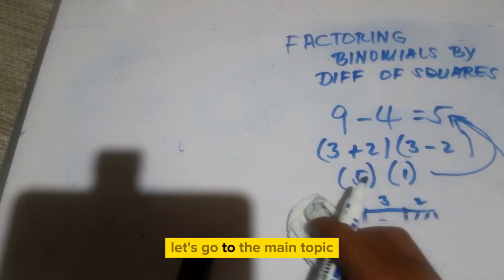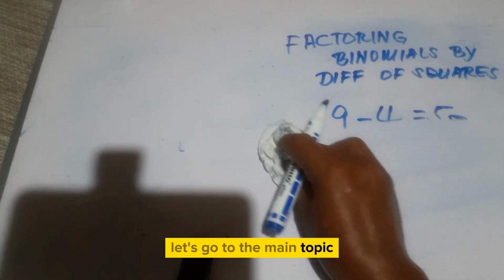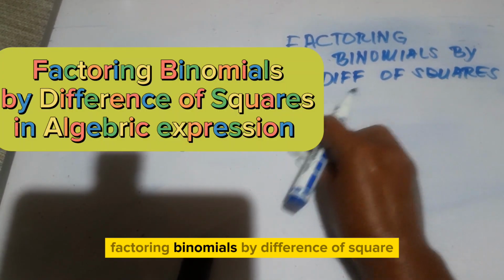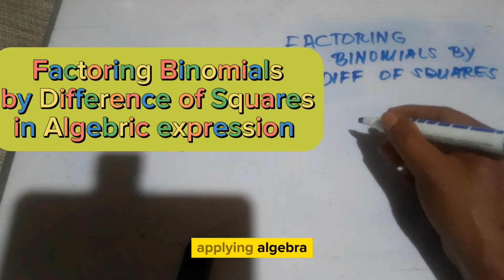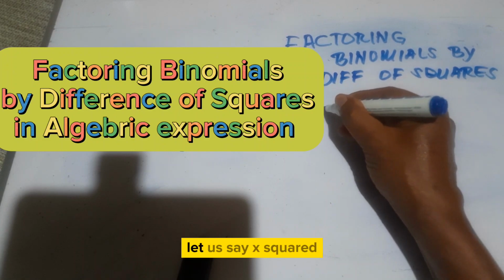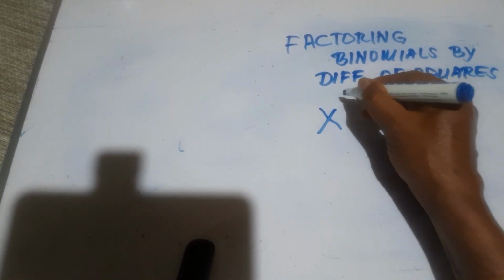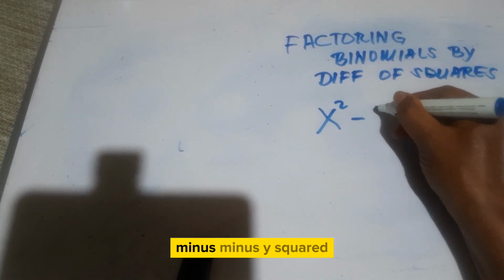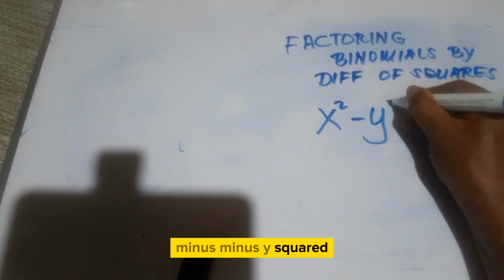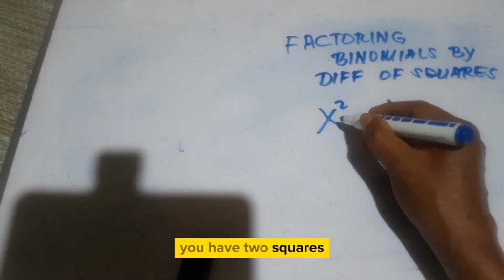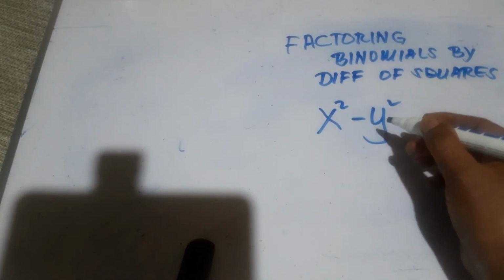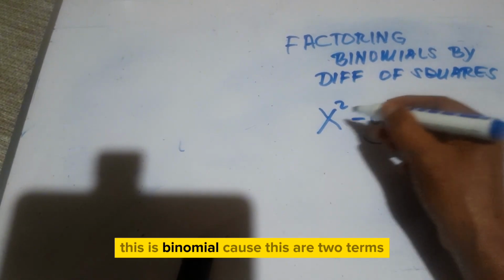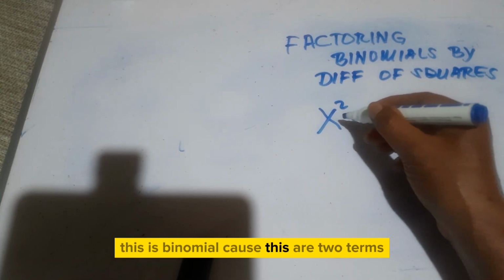So that is an arithmetic presentation of factoring. Let's go to the main topic, factoring binomials by difference of square applying algebraic expressions. Let us say x squared minus y squared. You have 2 squares, the x squared and the y squared. This is a binomial because these are 2 terms.